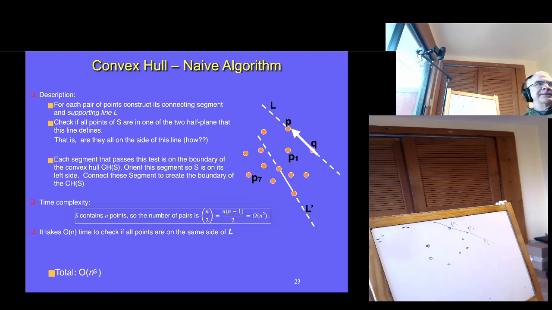So we will do the same mental gymnastics that we are doing with many algorithms in computational geometry.